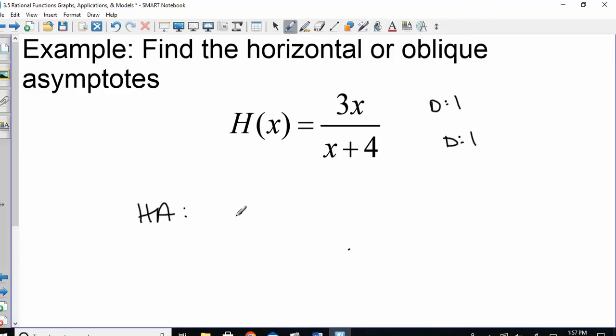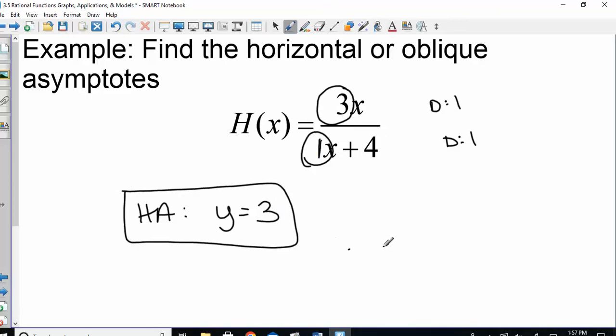And the bottom? So same degree means it's a horizontal. Y equals, we divide the leading coefficients. Leading coefficient of the top is 3. The bottom, this is just a 1x, so 3 divided by 1 is 3. Are we doing okay with those?